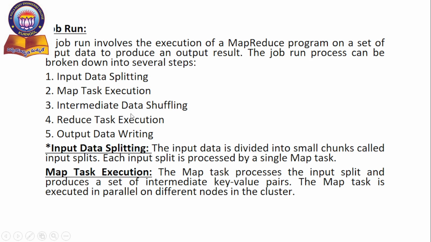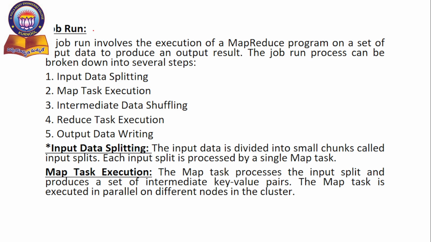Now, there are some intermediate jobs that are run in the MapReduce task. Now we will see them one by one. The first one is the job run. A job run involves the execution of a MapReduce program on a set of input data to produce an output result. The job run process can be broken down into several steps.